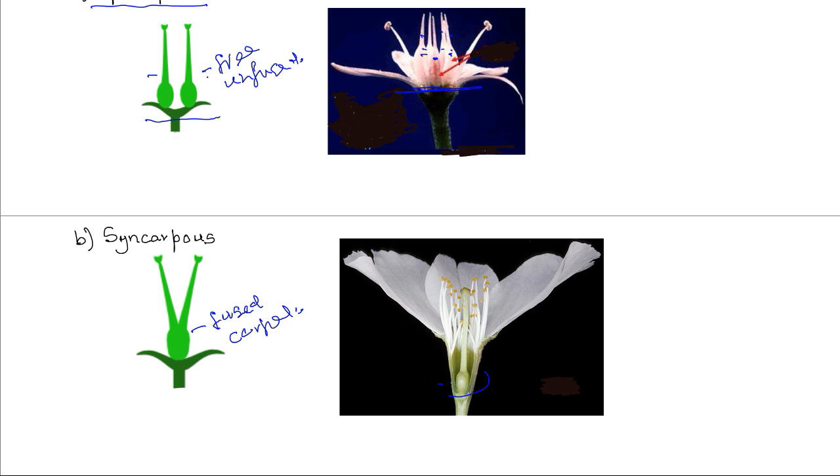They're so fused that it's only the stigma here that can show or indicate that there are several carpels that make up this gynoecium. So where the carpels are several and fused, the gynoecium is said to be syncarpous.